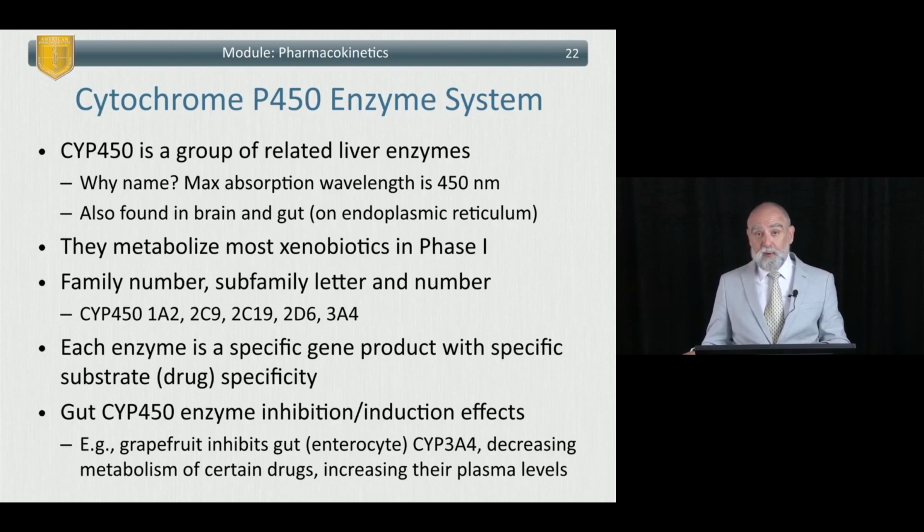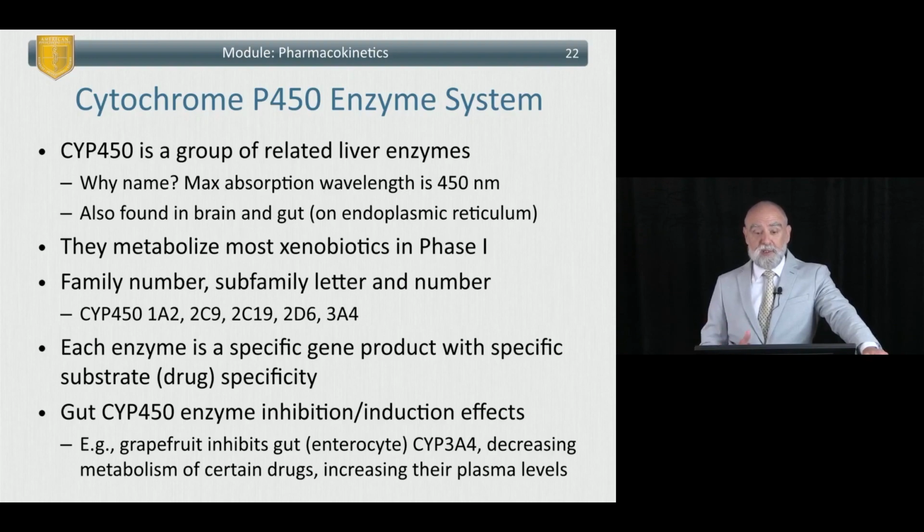They're categorized and named based on family number, subfamily letter, and then number. They're grouped according to similarity. So all the ones from family 1 are going to be more similar than the ones from family 2 or 3 or what have you. And then in the subgroup, you're going to have the letter A, C. So even here we have 2C9 and 2C19.